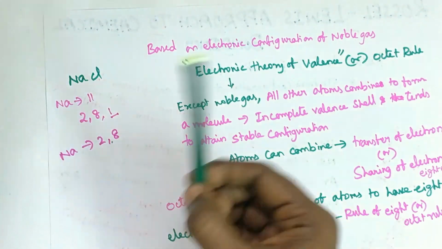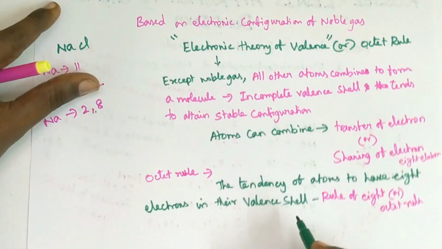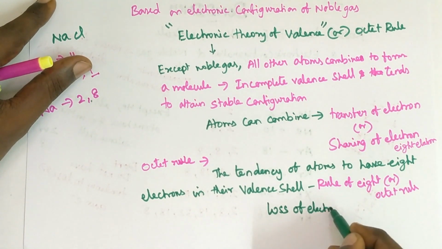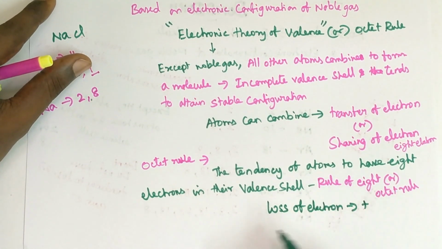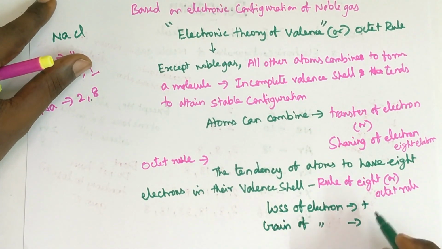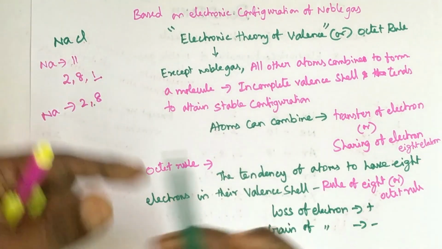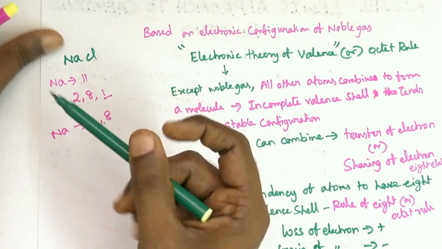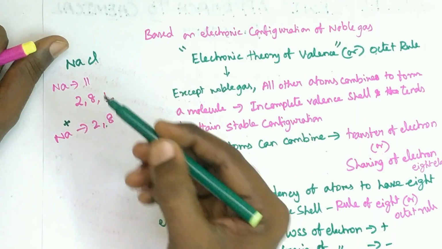Always remember this: loss of electron is positive and gain of electron is negative. In this case sodium loses its electron, so the charge is Na plus.